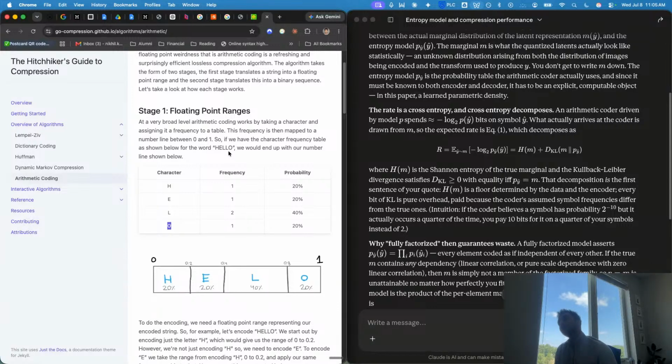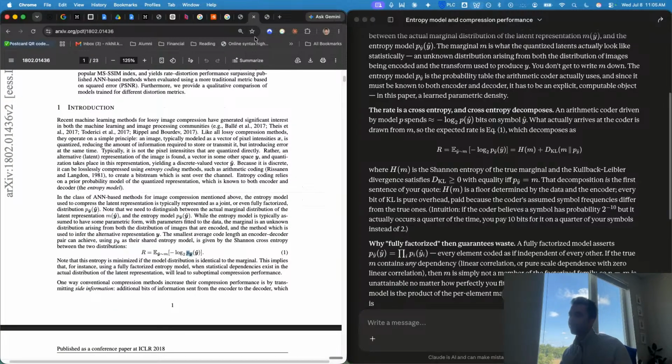If you fully factorize this, you're going to have a frequency table which shows 50-50 for red, 50-50 for blue, and 100% for green. And that's it. But that frequency table doesn't contain the information of how red correlates to blue. And that's information loss. In order to have that, you would have to have another row in your frequency table. So you have to spend more bits if your entropy model isn't fully factorized.